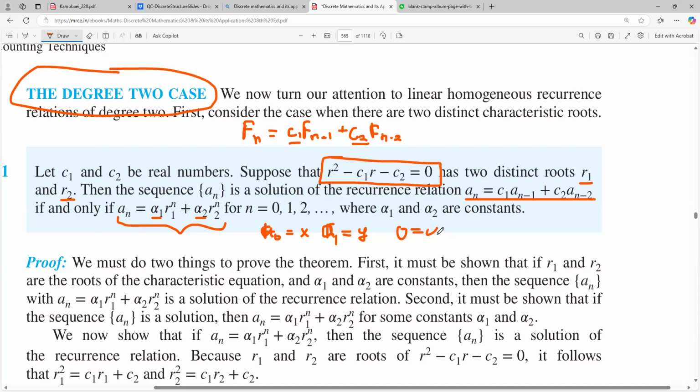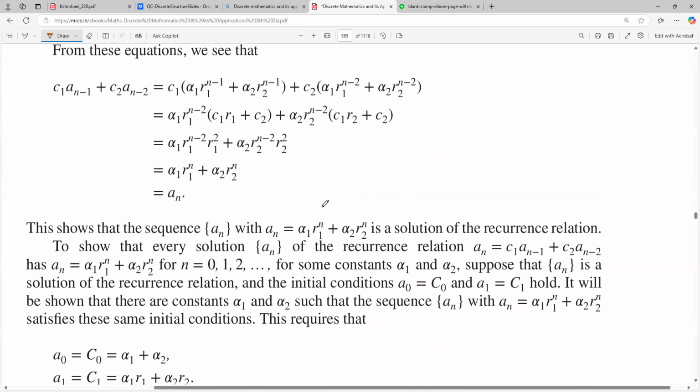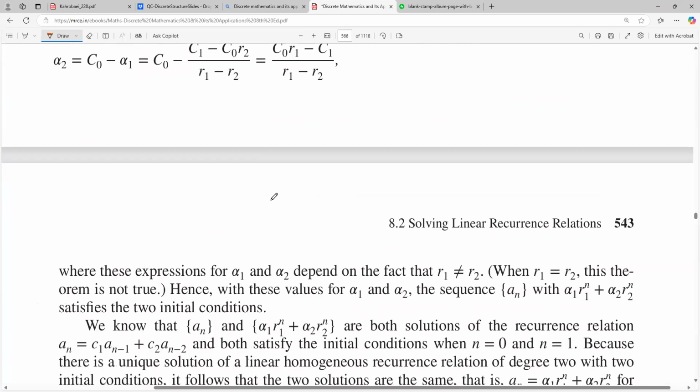So x is equal to alpha 1 plus alpha 2, and we get y is equal to alpha 1 R1 plus alpha 2 R2. And now you just have a system of linear equations, which you could solve for alpha 1 and alpha 2. All right, let's see if there's an example here I could do real quick.